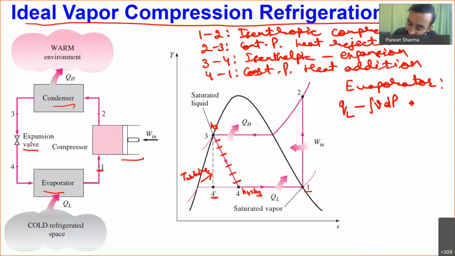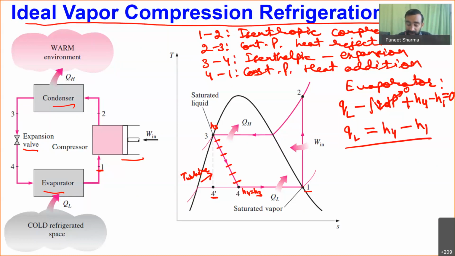Then enthalpy comes in at H4 and goes out at H1, so this equals 0. The process 4 to 1 inside the evaporator is a constant pressure process, so VdP will be equal to 0. So we find QL equal to H4 minus H1.